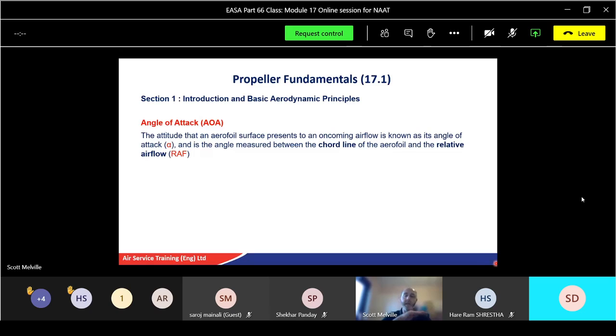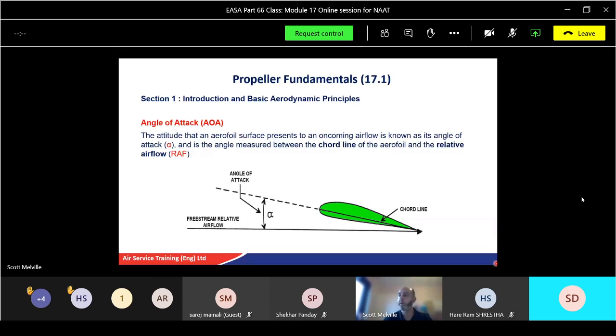The chord line is the line that runs right through the middle from the leading edge of the airfoil to the trailing edge. If you pick the midpoint of the leading edge of the airfoil and cut a line right through to the trailing edge, the back of the wing, that's your chord line.